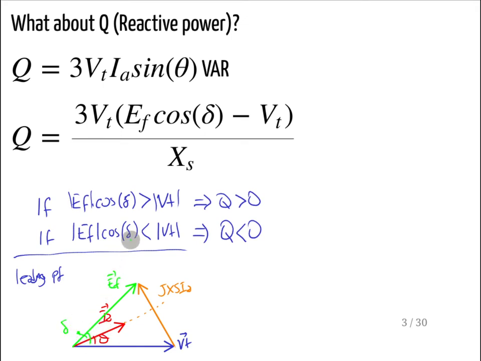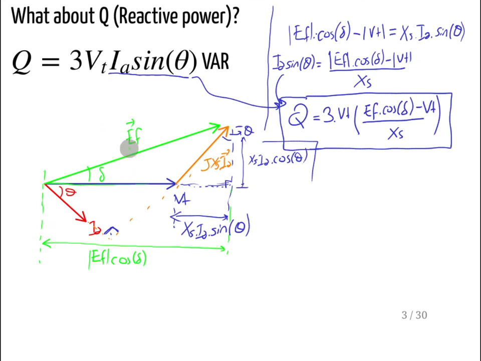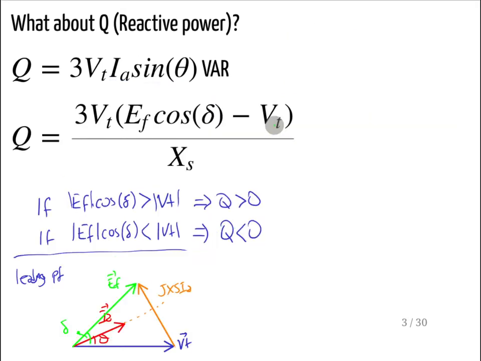So as you can see, in the previous case, EF cosine delta minus Vt, or in other words, that projection over Vt is longer, or has a bigger magnitude than Vt, so Q was larger than 0.